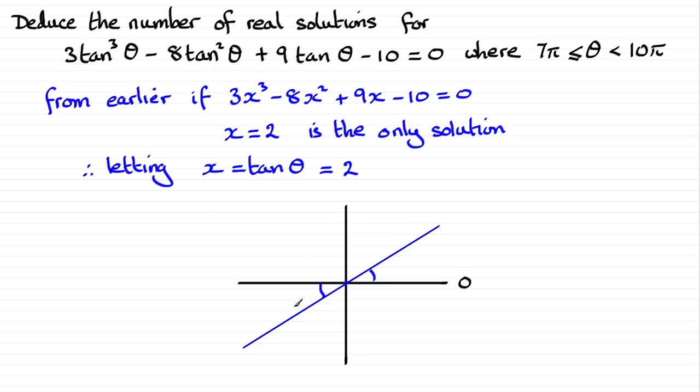The thing is, we want to know how many solutions are in this range. So let's have a look at what we could have. We've got this quadrant, so that's going to be between 0 and this one over here, which would be pi radians if we were to turn half a turn.